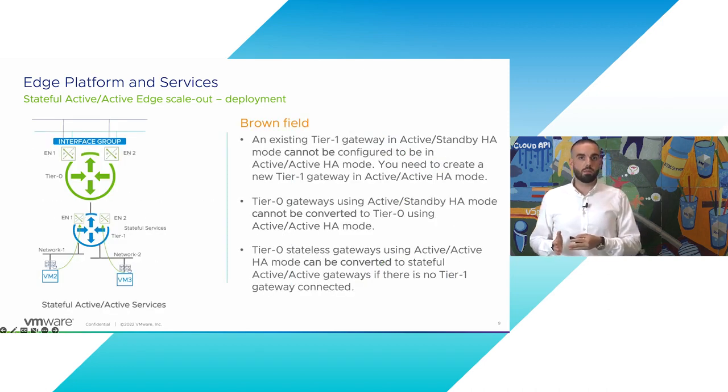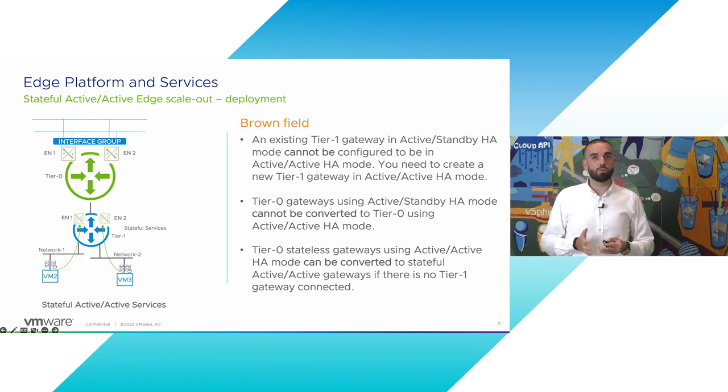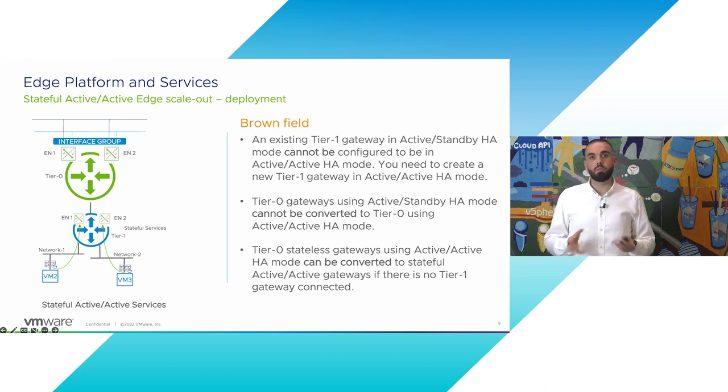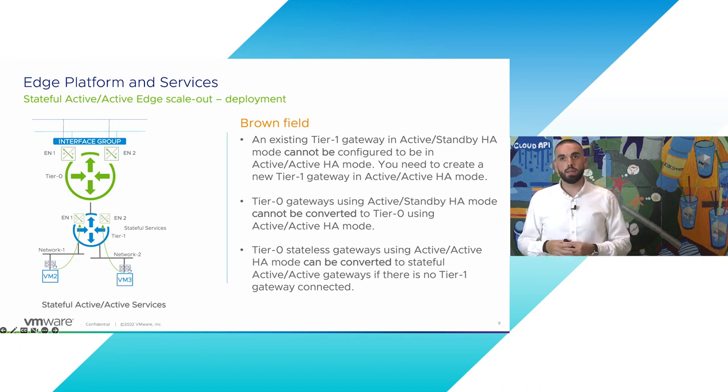When we are talking about a brownfield deployment, when we want to convert what we have today as a topology running stateful or stateless active-active, we need to consider some important elements. We cannot simply convert what we have today. We need to do some configuration steps.